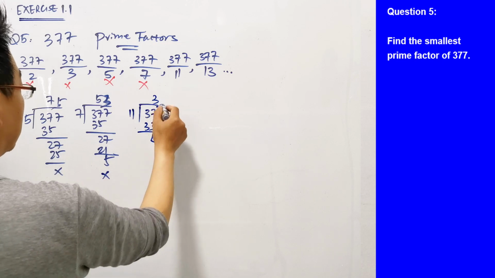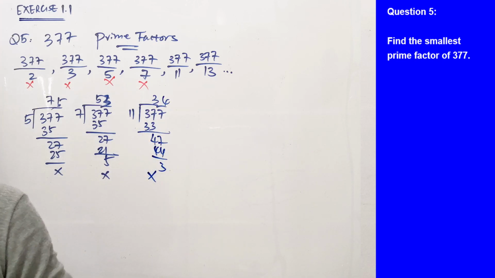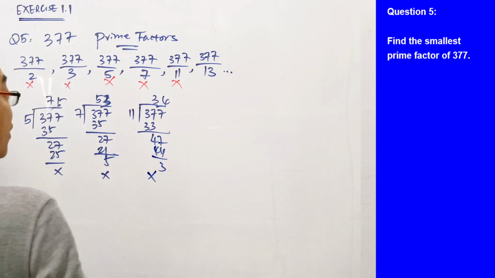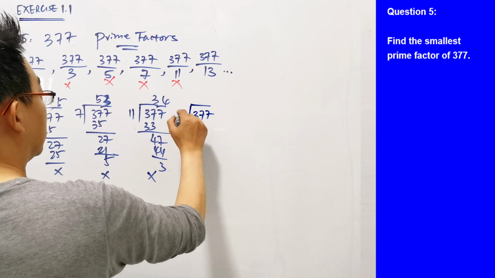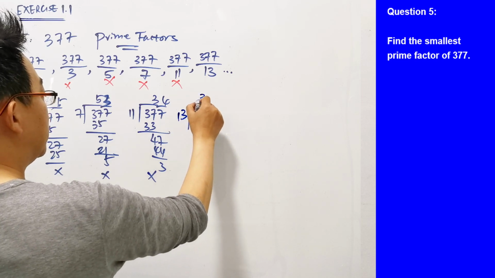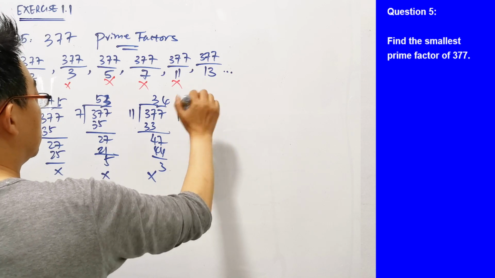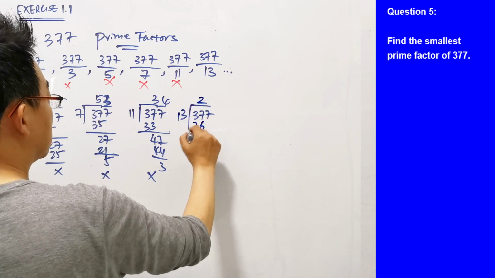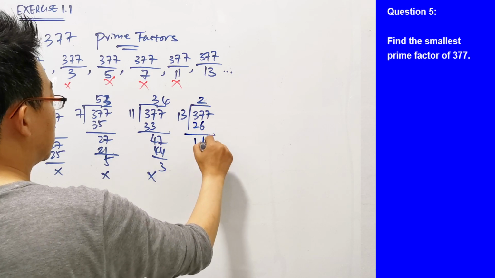For 7, 4. 44. 3. Count. This one also count. Let's try 13. So we get 3. This is 9 count, right? So we put 2. This is 6. This is 2, right? So we get 1, 1, 7, right?